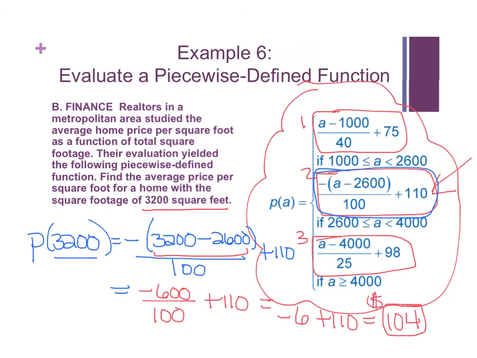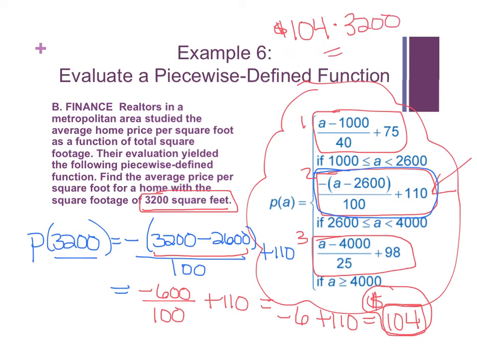So a home whose area or square footage is 3,200 square feet, you could assume that you would pay roughly $104 per square foot. So I'm just curious, I'm going to do some math here and say $104 for every 12 inch by 12 inch square foot in the house times 3,200 square feet.